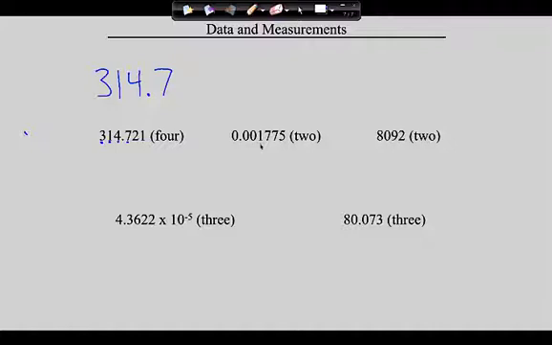The 1. And then our next is the 7. Those are the 2 significant digits we will round to. Our next digit is a 7, which rounds up. So we're going to go 0.00, and then not 17, it's 18, because that 7 tells us to round up.